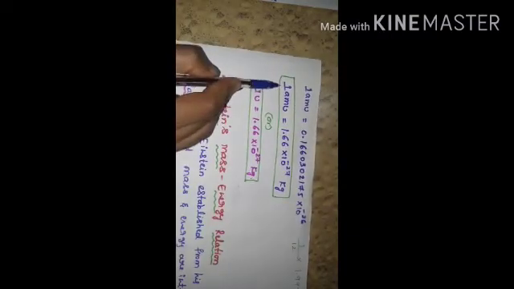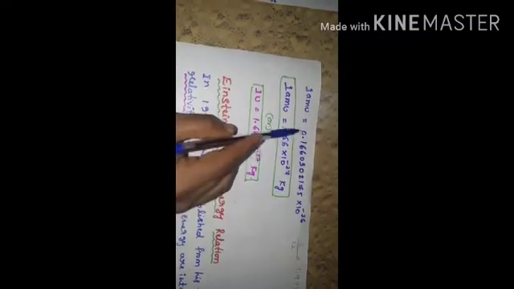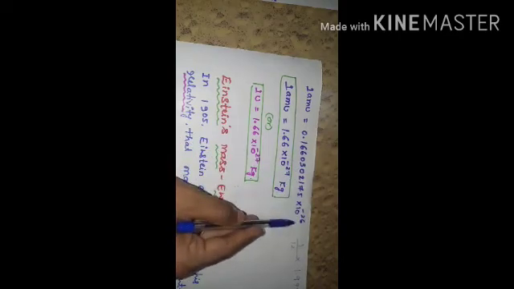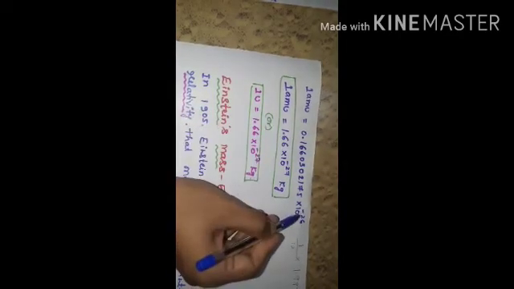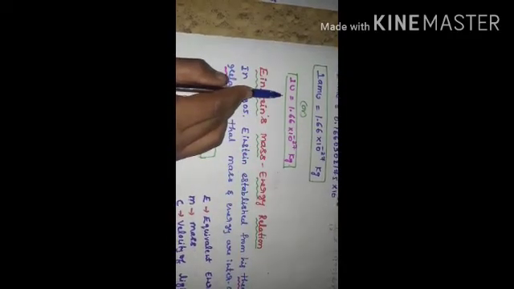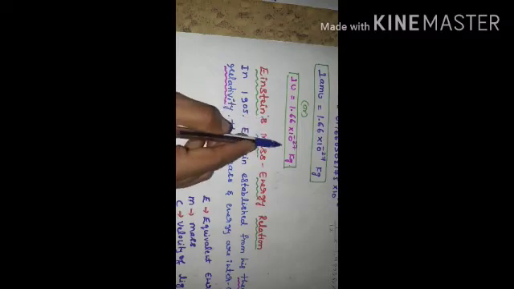Finally, we are getting one atomic mass unit is equal to 0.166032 into 10 to the power of minus 26. The minus 26 is there, so the decimal point shifts. 1.66 into 10 to the power of minus 27 kg. Therefore, one atomic mass unit is equal to 1.66 into 10 to the power of minus 27 kg.